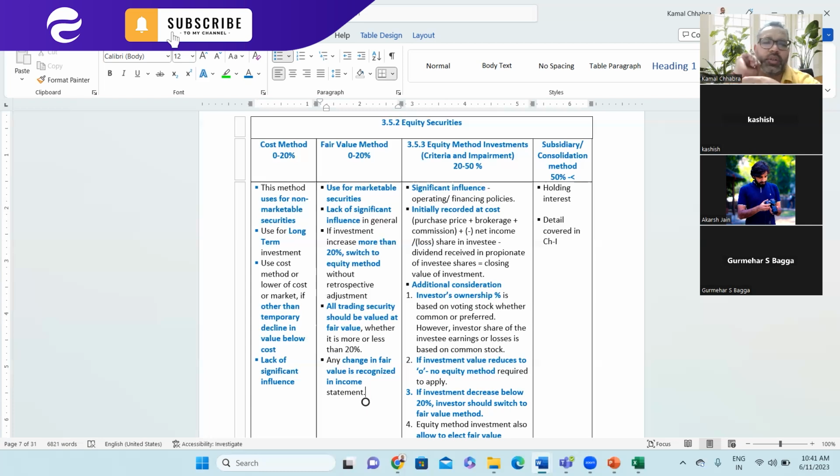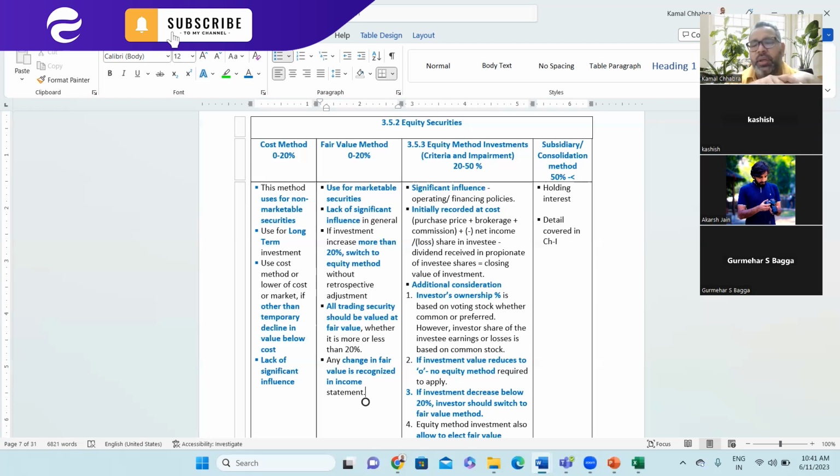So first is the cost method, second is the fair value method. Now we are jumping onto the third one, which is the equity method investment. When you have a 20 to 50% stake, that means you have significant influence.